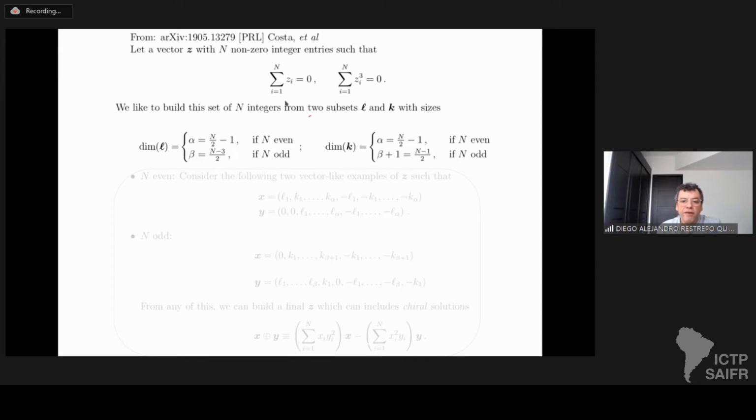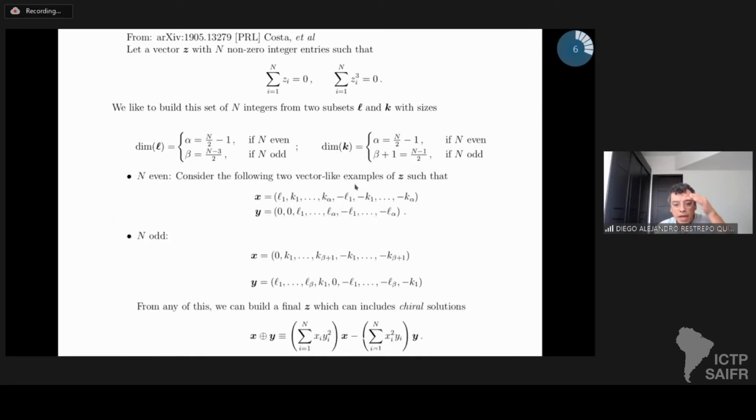For example, if in the previous case I have 6 charges, instead of using brute force to find 6 charges satisfying this, we can focus on using 2 sets of 2 integers, L with 2 integers and K with 2 integers.